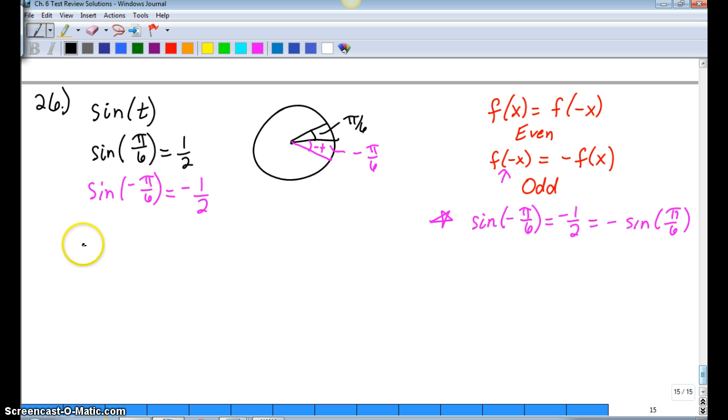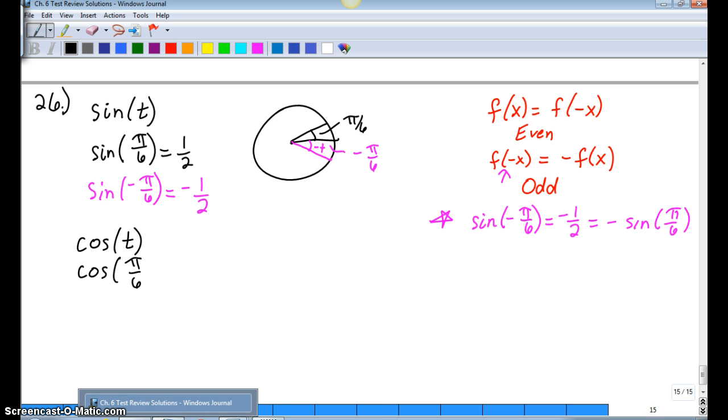cosine of t. Well, if we look at cosine of pi over 6, okay, sorry about that. Where were we?